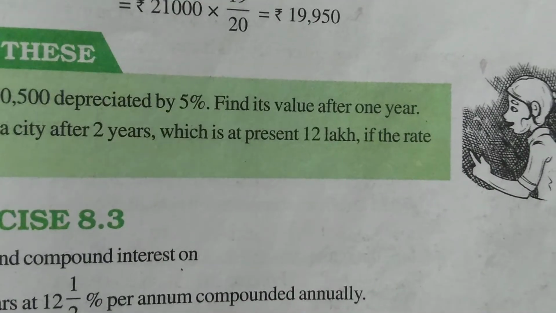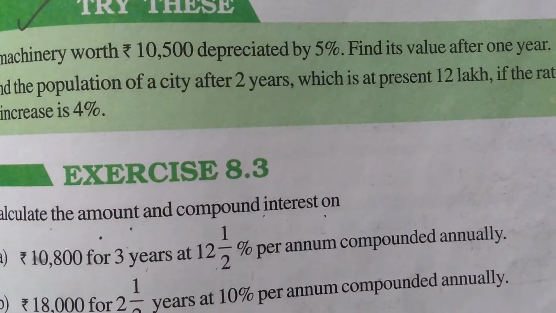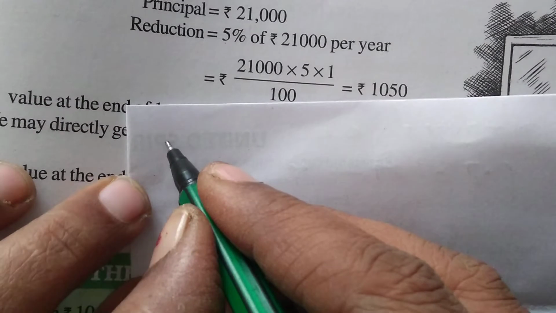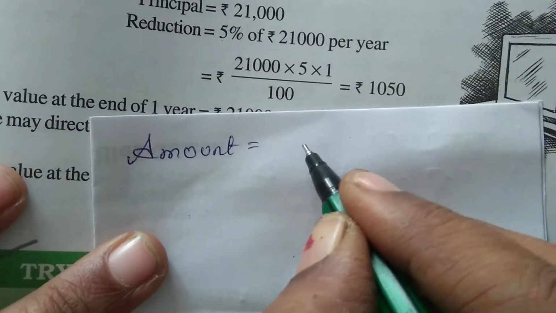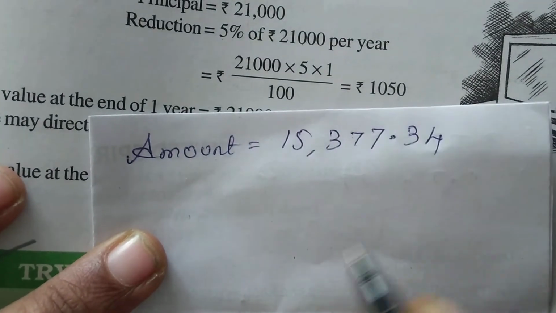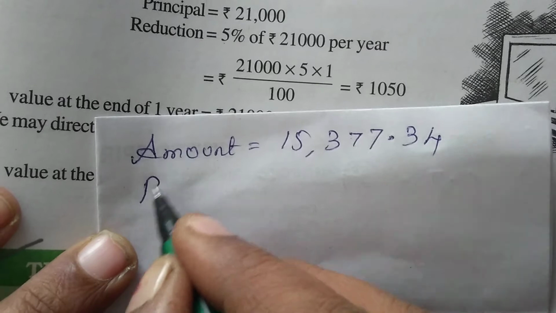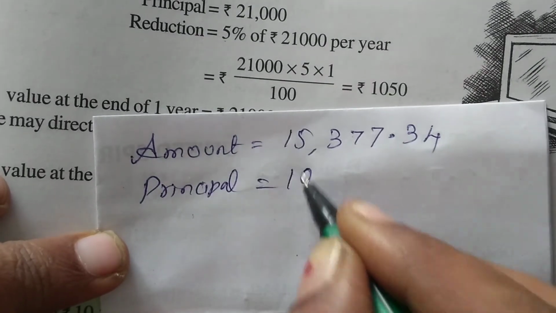So now I have found the amount is equal to 15,377.34. Already we have the principal in the question, it is given as 10,800. Therefore, what is our interest?